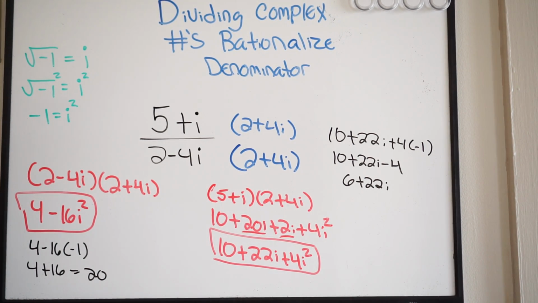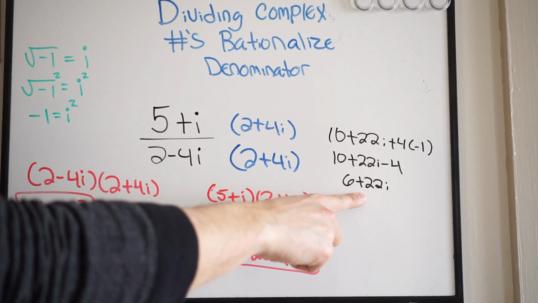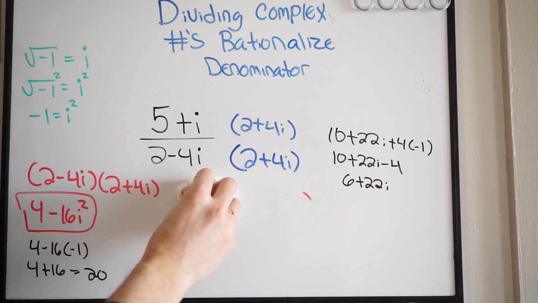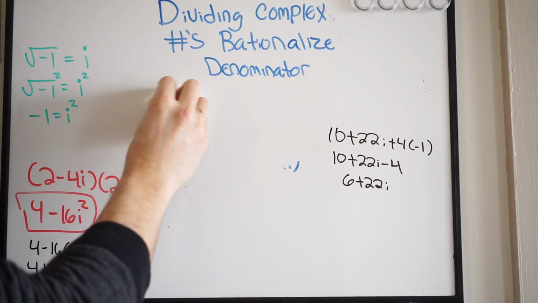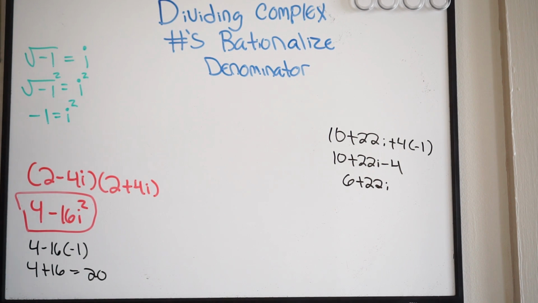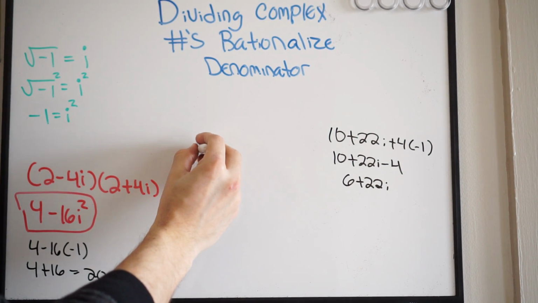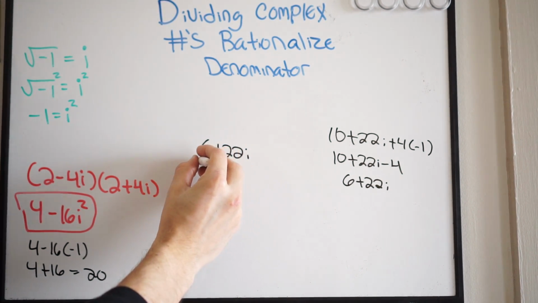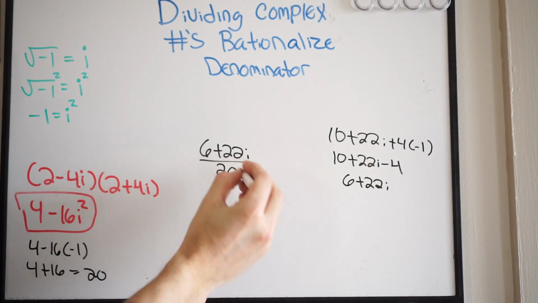So what I'm going to do here, I'm going to erase this middle part so I can rewrite the final answer. So remember, this is our numerator right here. Here is our denominator. I'm going to go ahead and just erase this. And when we put this all together, we will have 6 plus 22i all over 20.